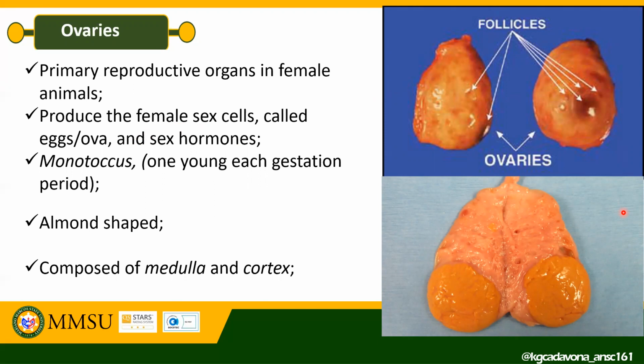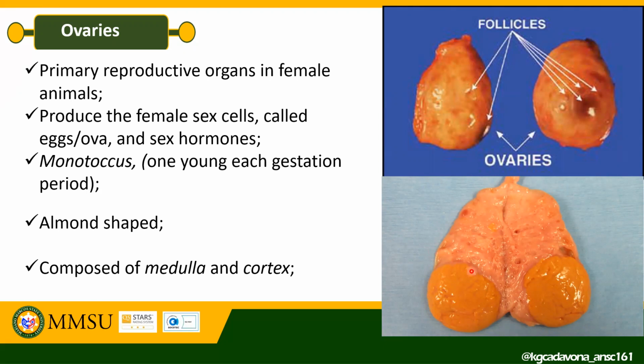We have two sex hormones: estrogen and progesterone. If you remember, estrogen is secreted by the follicles in the ovary, while progesterone is secreted by the corpus luteum.